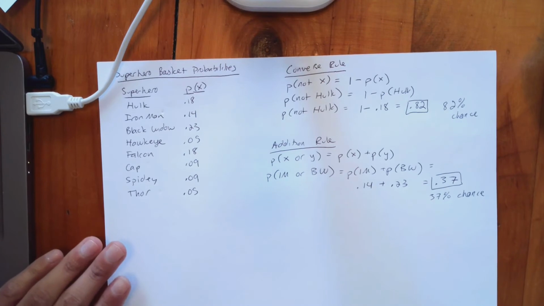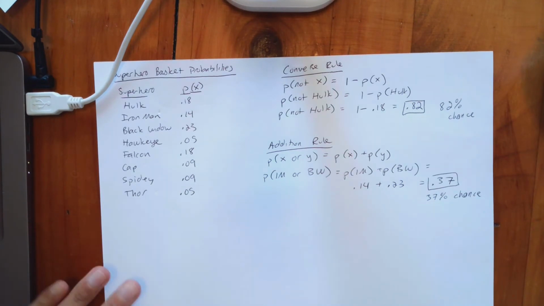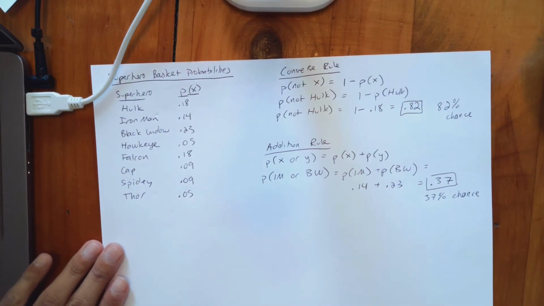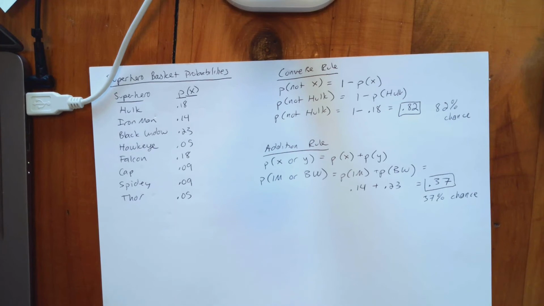All right, so we have our converse rule and our addition rule now. The final rule that we can use to calculate probabilities is called the multiplication rule. The multiplication rule is different because, unlike the first two, we're now talking about the outcomes of multiple events. What's the chance that you're going to get one outcome in one event and then another outcome in another event?